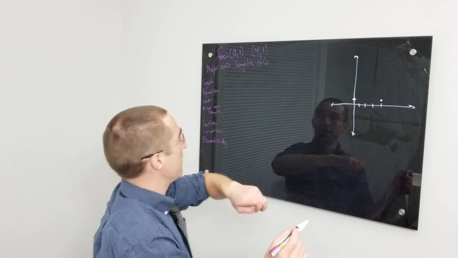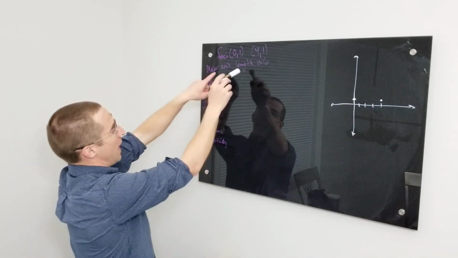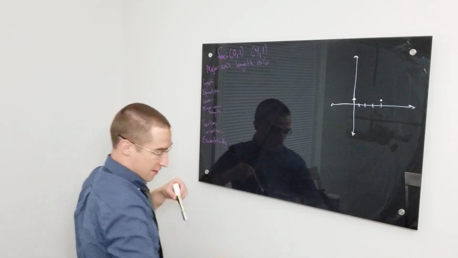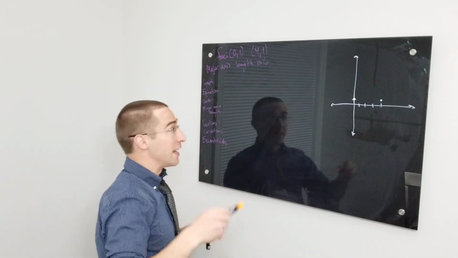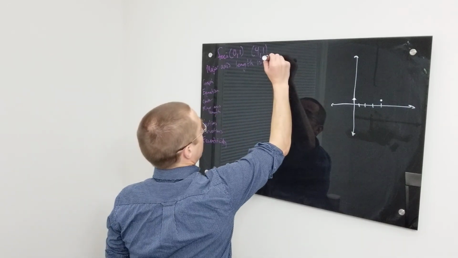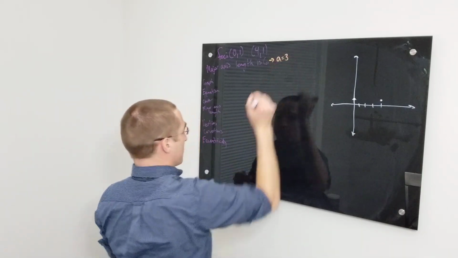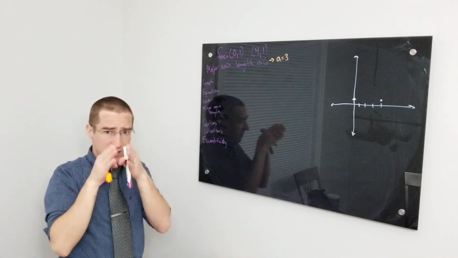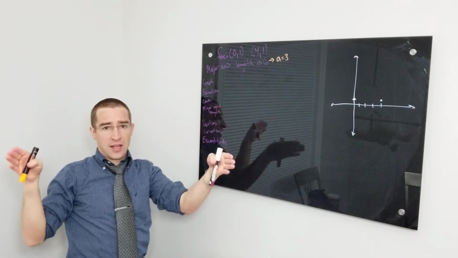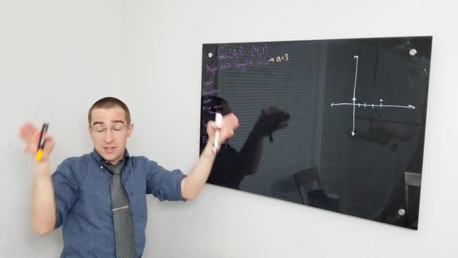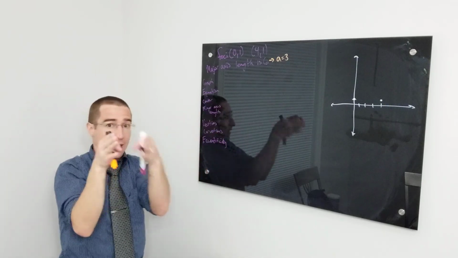So those are my foci. And I know the major axis has a length of 6. So if the major axis length is 6, that means a equals 3, the distance from the center to the outside. So it's 3 on this side, 3 on that side.